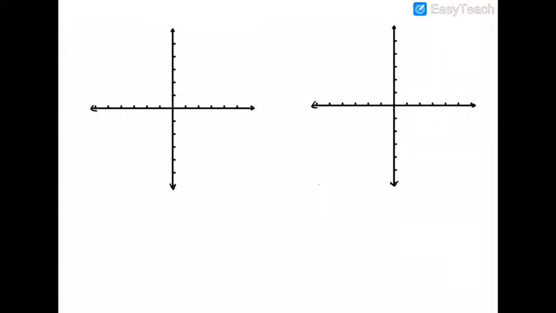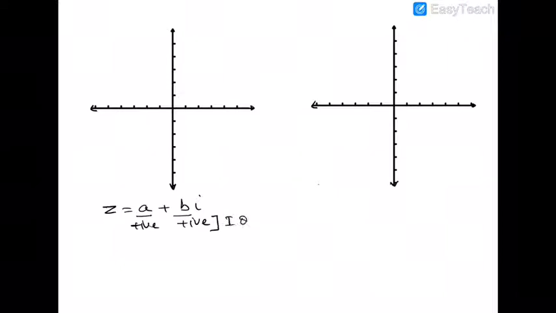Now let's go into detail about the theta part. Let z = a + bi be any complex number where a is positive and b is also positive. So this will fall in the first quadrant.